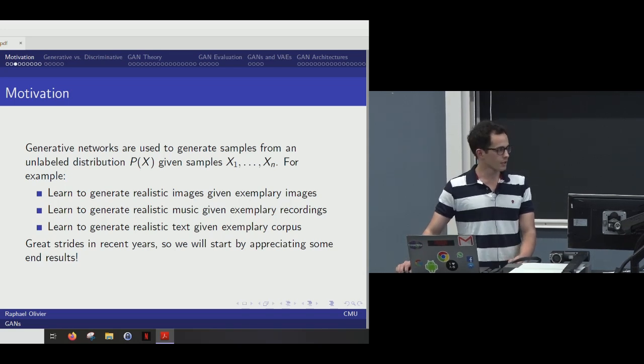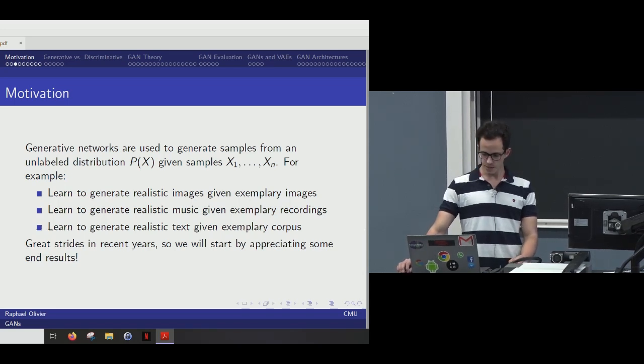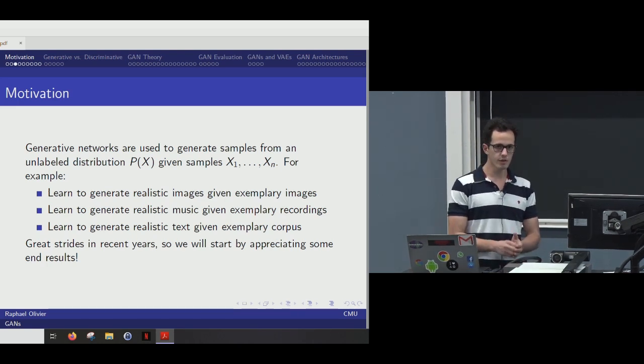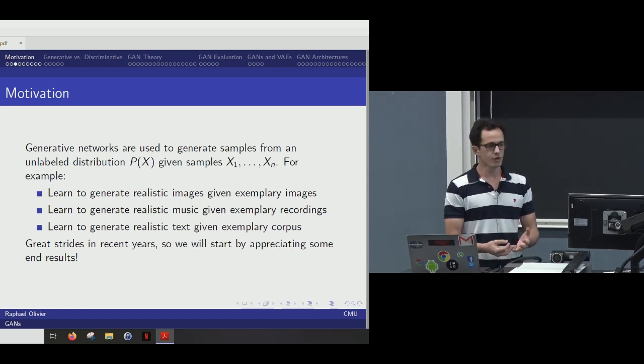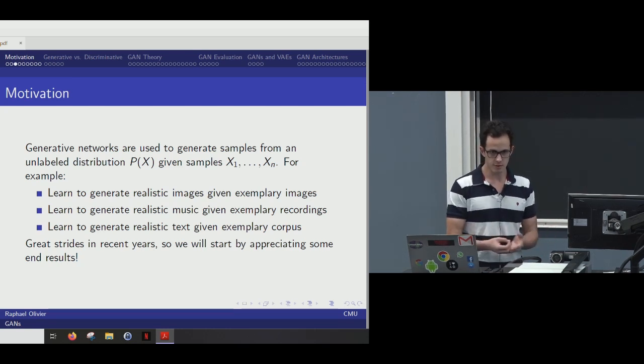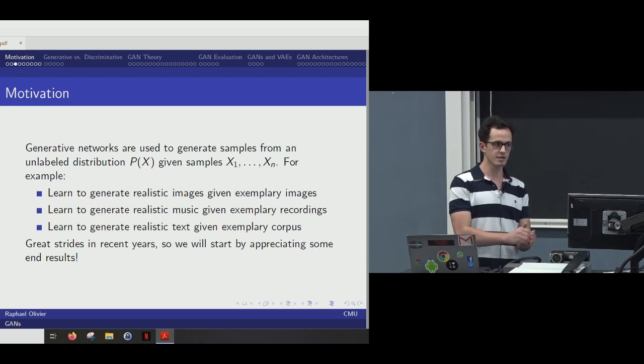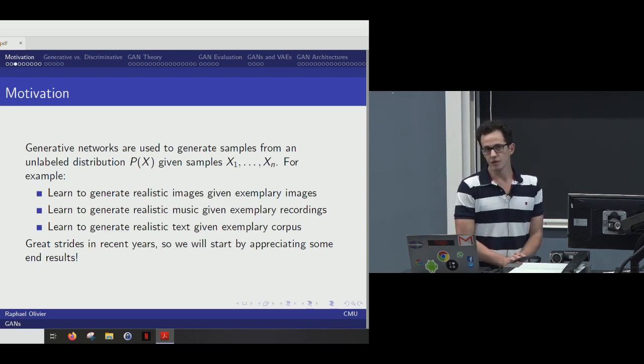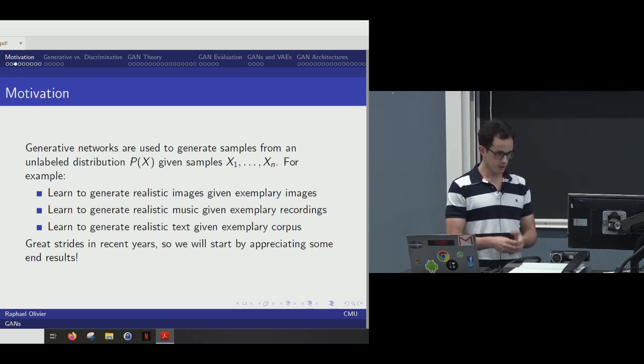So I told you GANs are generative models, so that means that they are used to generate samples from a distribution. That should be a little different from most of the things you've studied so far. For example, you give a GAN a data set with faces, the GAN is going to learn to generate new faces that look realistic. You give it music, it's going to learn to generate music.